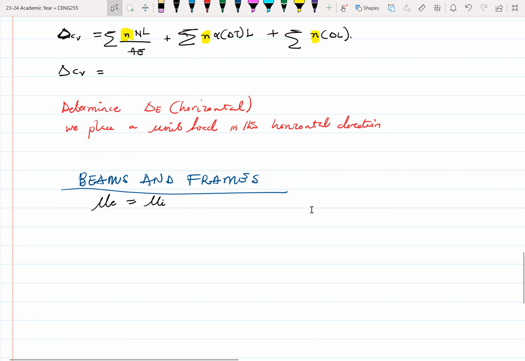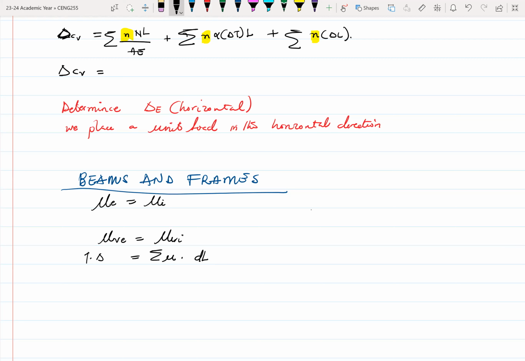And then we came up with the other formulation that the external virtual work done is also equal to the internal virtual work done. And that's how come we have the unit virtual load multiplied by the real external displacement would give us the virtual internal forces times the real internal displacement.